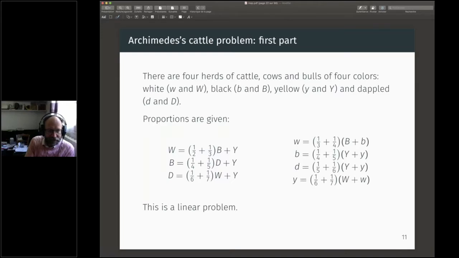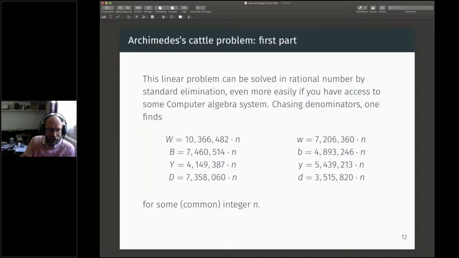So you can ask the computer algebra system to solve it, and I did for you. I copied the answer. And if you change denominators, you will get that the number of white bulls is 10,366,482 times some common integer n, and a number of black bulls, etc. And you have those numbers.